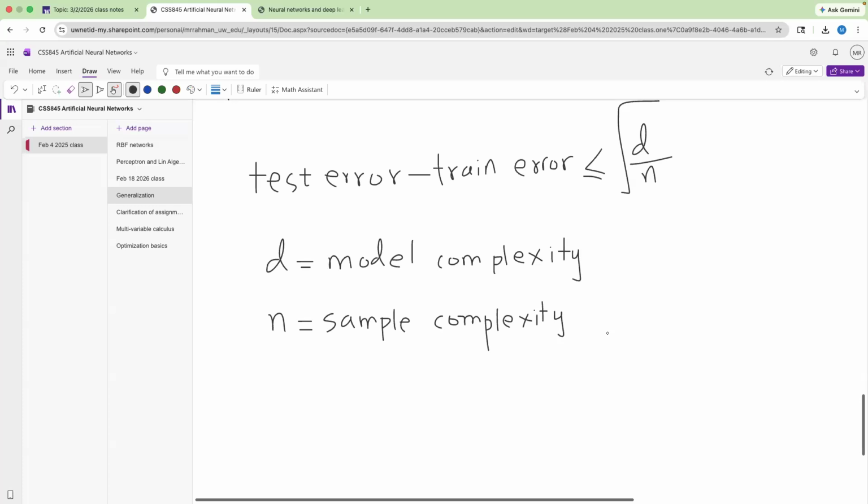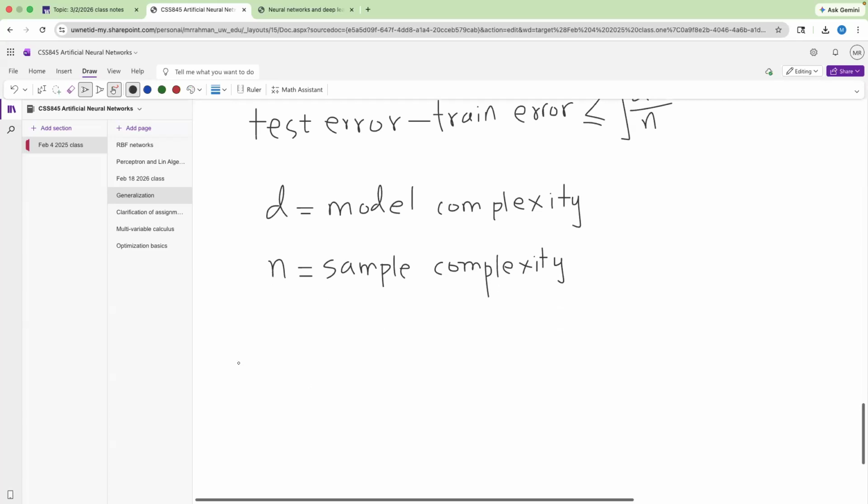So what are these numbers? There are many different ways of representing d. For example, one measure of d could be how many weight parameters are in your network, right? If you have a really large network with lots of layers and lots of neurons per layer, then you have a large number of weights, and that would be a large value of d.